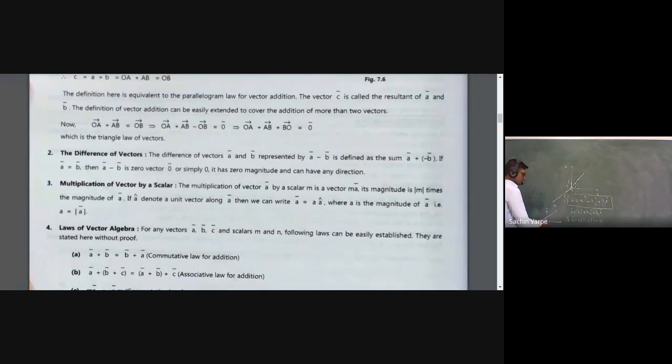Then the dot product of these two vectors is defined as this. Now since mod is a scalar, the mod of a bar and mod of b bar are scalar numbers. Cos is also a scalar, so this product will be a scalar. Therefore, this product is called a scalar product.